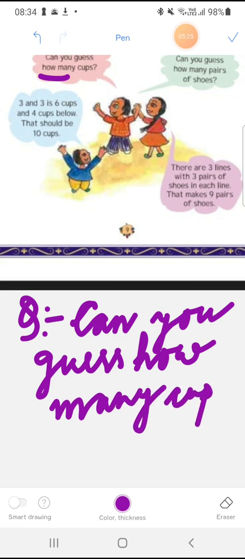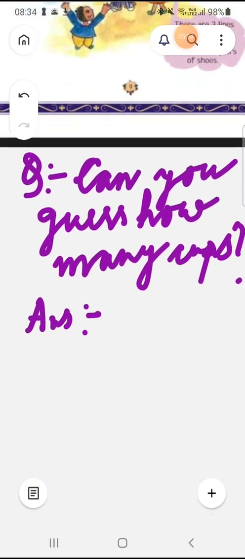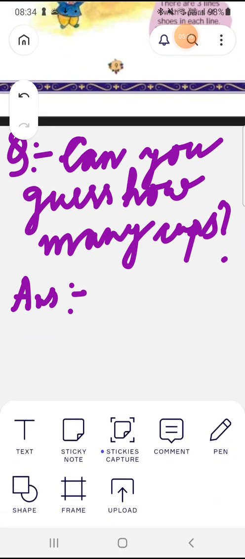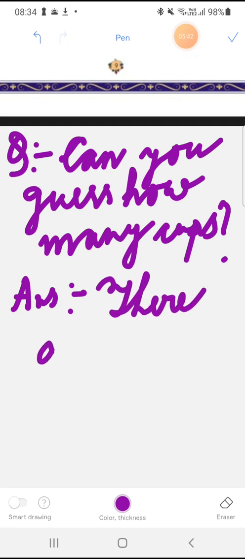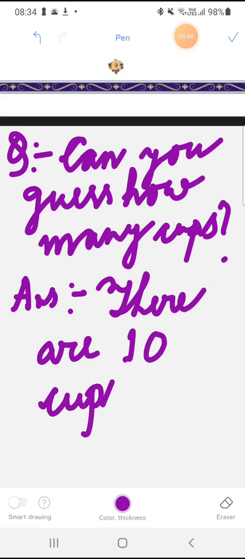Then you can write down the answer: there are 10 cups. You counted and you wrote. After counting only you wrote there are 10 cups. So I think you have understood it.